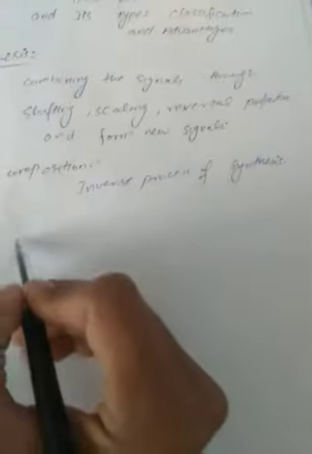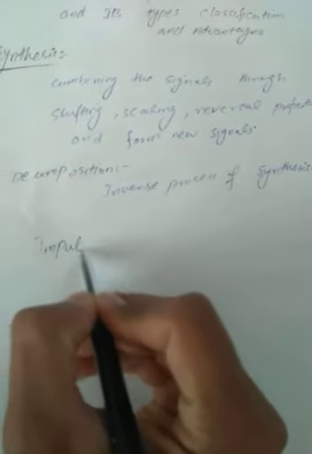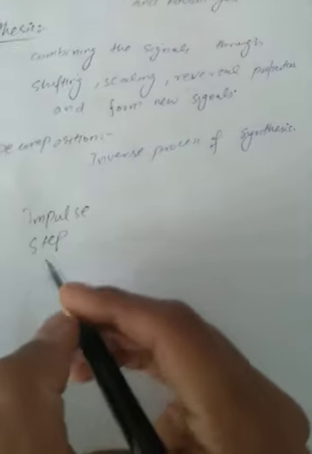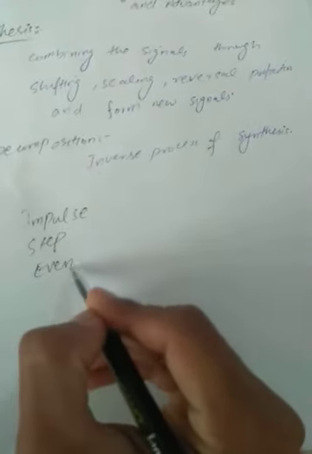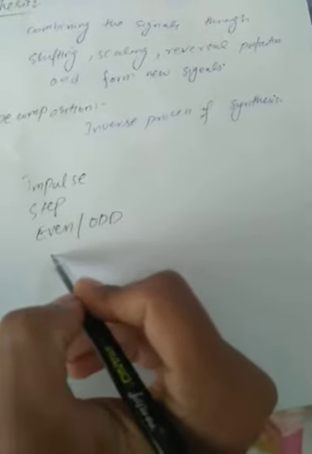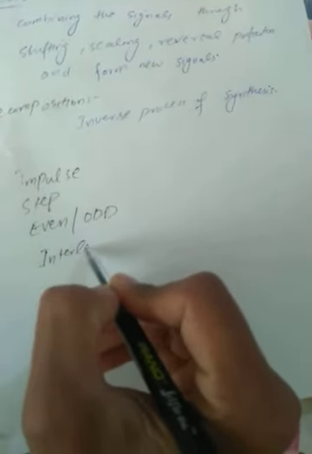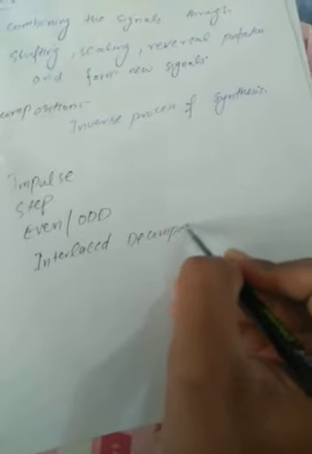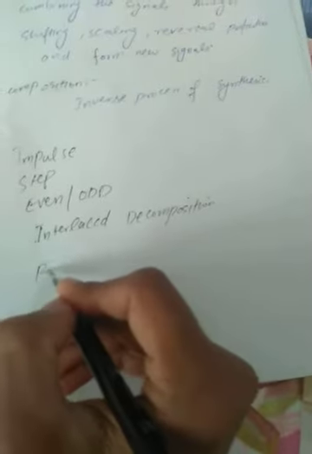So here are the following types of decomposition. First of all is the impulse decomposition, then the step decomposition, then the even odd decomposition, the interlaced decomposition, and the Fourier decomposition.